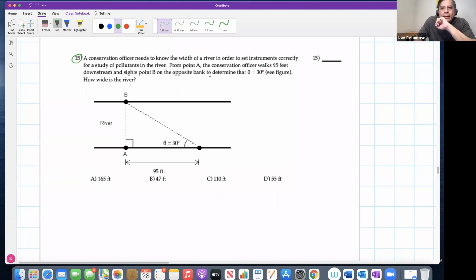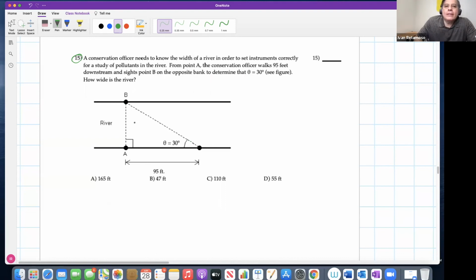From point A, the conservation officer walks to this point, 95 feet downstream, and sights point B on the opposite bank to determine that the angle is 30 degrees here. How wide is the river?